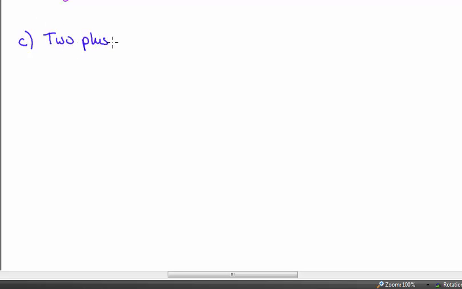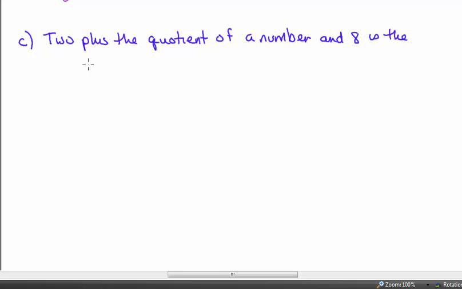2 plus the quotient of a number and 8 is the same as 16. All right, so is the same as is equal.